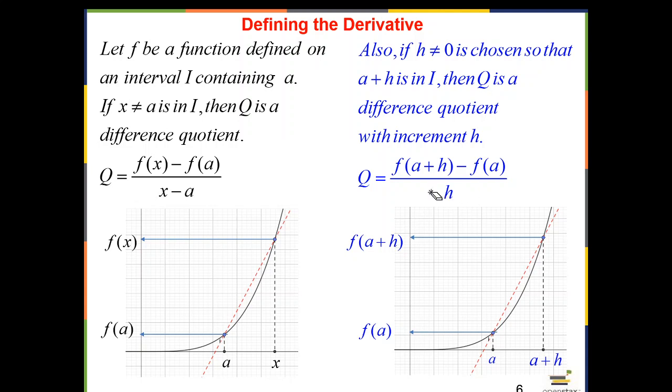Then this would be the expression, because the slope of the secant line would be this minus this, right? f of a plus h minus f of a over a plus h minus a, which is h. We could also call these x plus h and x. Later we're going to do that. So we can call this x and x plus h, and then we have an expression with x here.